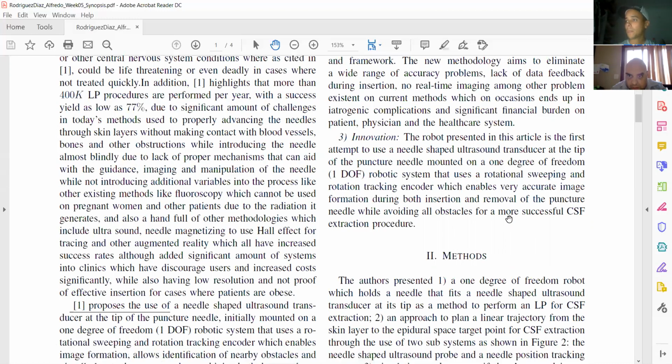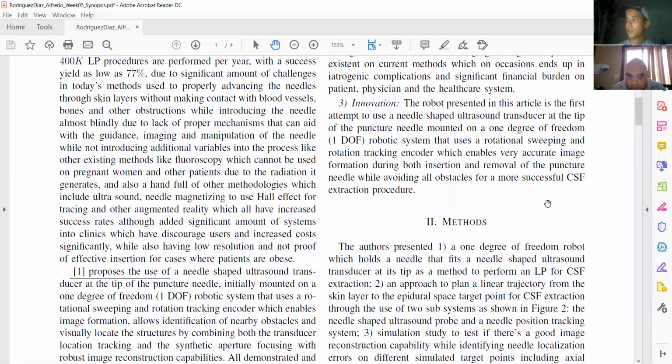And then in regards to the innovation, this is the first attempt at using a needle-shaped ultrasonic transducer, correct. That modification of a component to use it as a needle is very innovative. So again, 1 degree of freedom rotation is used to be able to alter the insertion path.